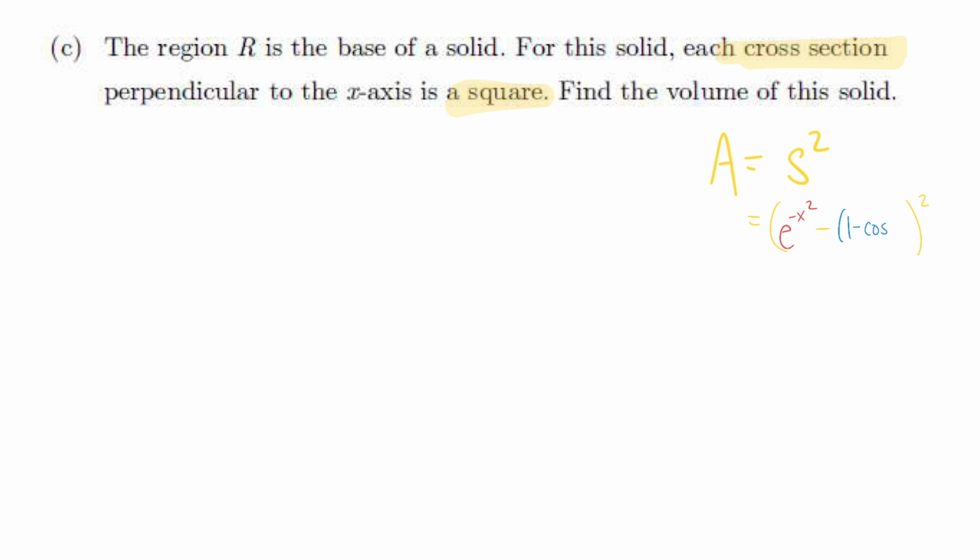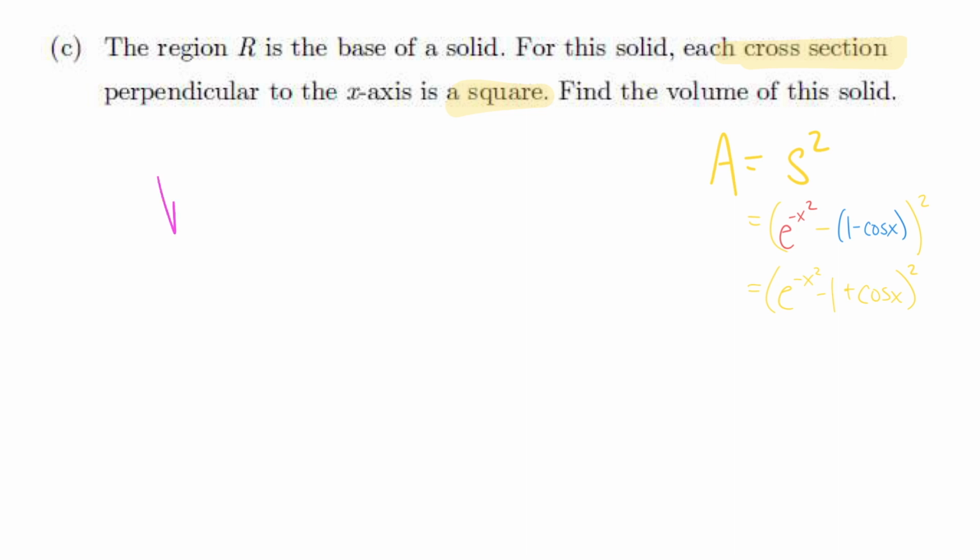And again, I want to use parentheses when I'm putting that in my function, but we can just simplify this to be minus 1 plus cosine of x when we distribute that negative there. So this is going to be the area of 1 square, and so we're going to have to put this into an integral to actually calculate the overall volume.